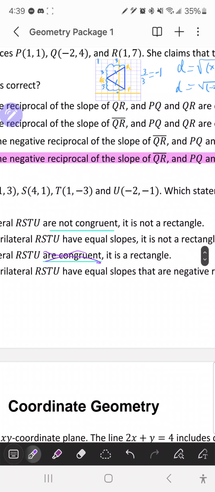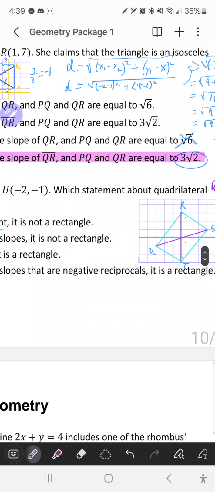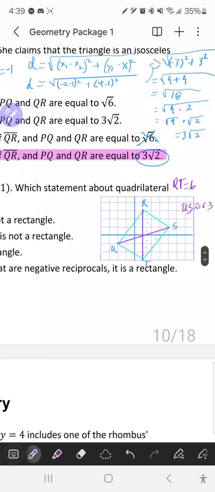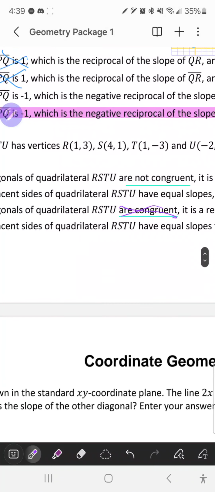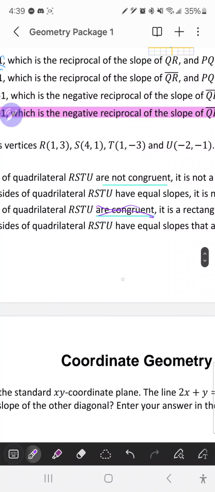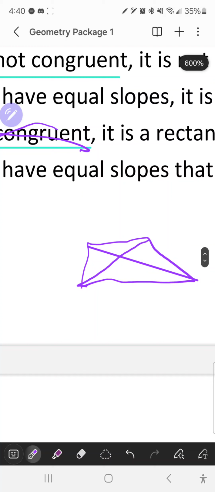And if the diagonals are not congruent, it doesn't mean it is a rectangle, because I can say this figure is a trapezoid, and the diagonals are not congruent, but this is a trapezoid.